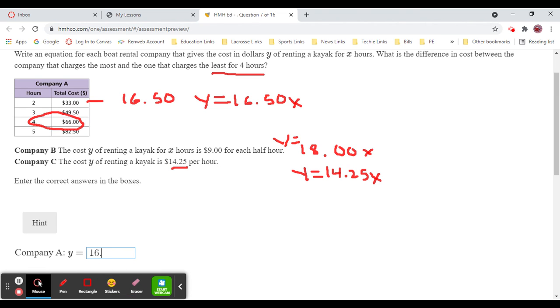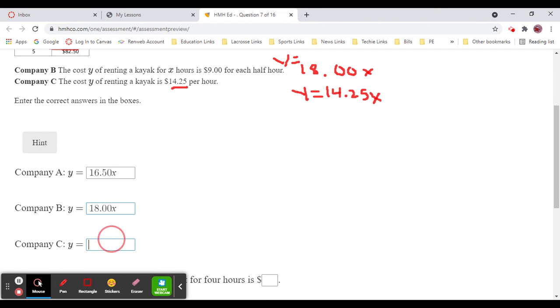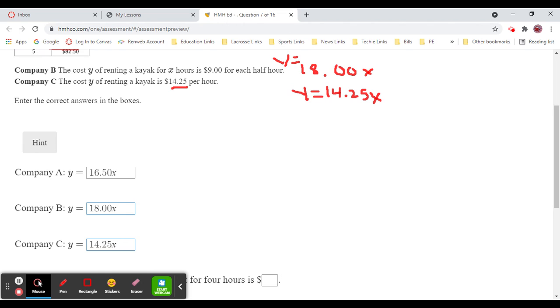So 16.50x, 18.00x, and then 14.25x. Got it. All right. Greatest and least cost. All right. Let's see the greatest cost. Well, that's pretty easy to figure out because the greatest cost is 18.